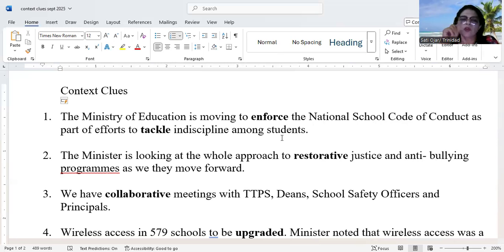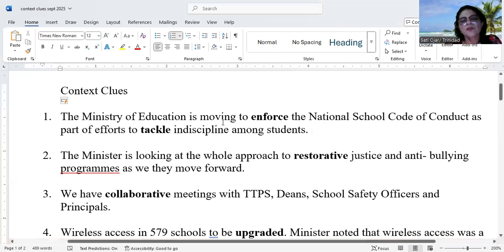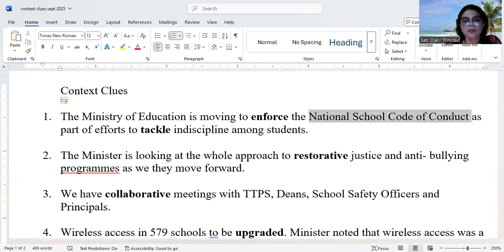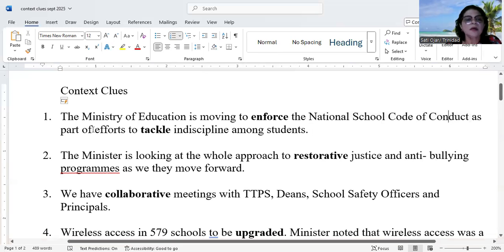Excellent, right? People who have no discipline or bad behavior, right? So the ministry is moving to enforce the National School Code of Conduct. This is a document that states what is allowed and what is not allowed in schools, right, as part of its efforts to tackle indiscipline among students.